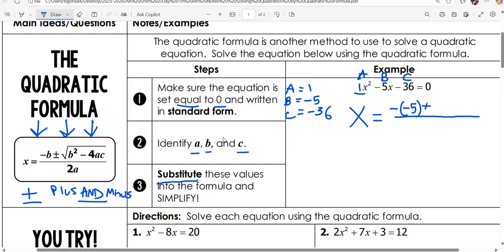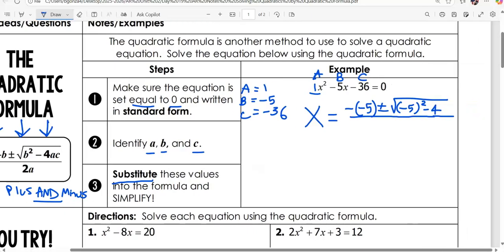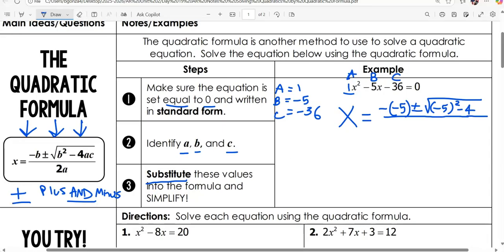So here we go. Plus, minus, the square root. Now, when it says b squared, b is negative 5, right? So I'm going to put parentheses negative 5 squared. Okay. Minus 4 times A and C. So 1 and negative 36.